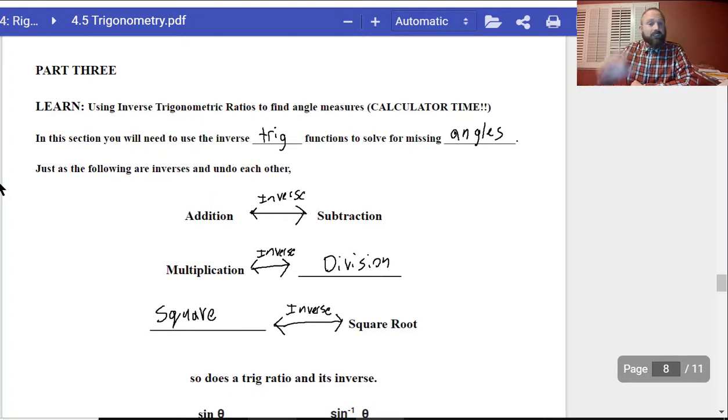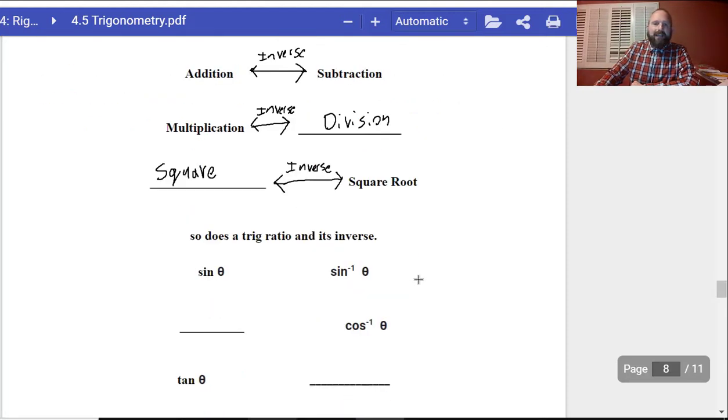Well, just as those are inverses of each other, trig ratios have inverses. So the inverse of sine would be the inverse sine, the sine inverse.